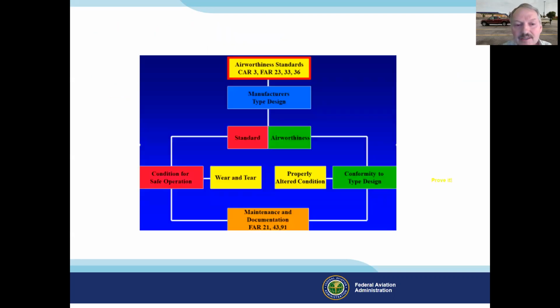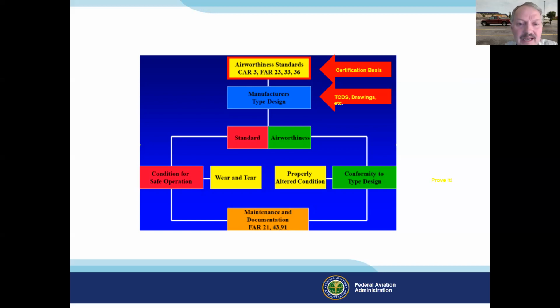Looking at our chart, the process starts with the airworthiness standards that are developed so safe aircraft can be constructed. This is the certification basis, whether it's the old CAR, Part 3, or Part 23, 33, and so on and so forth. Now, the manufacturer builds their aircraft to meet that airworthiness standard defined in those regulations.